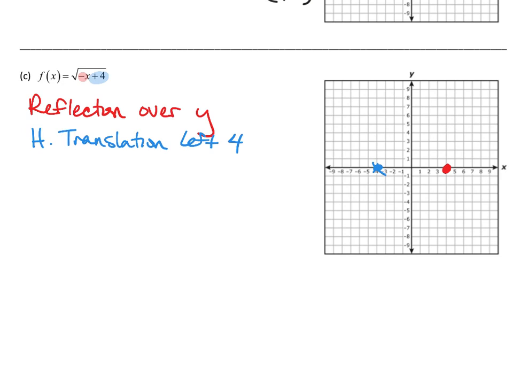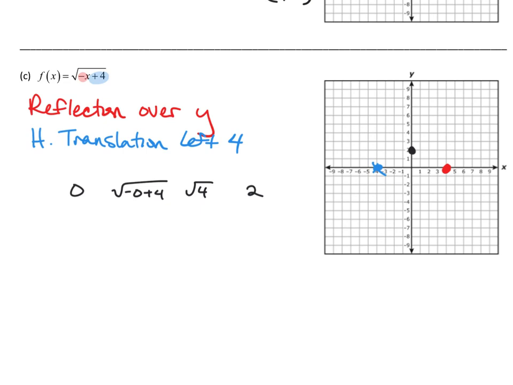Now, square roots have a pattern, but I think for us it's going to be easier if we just make a table of values. So let's plug in 0 because that's pretty easy. If we plug in 0, we're going to have the square root of -0 plus 4, which is the square root of 4, which is 2. Okay, so I can plot the point 0, 2.